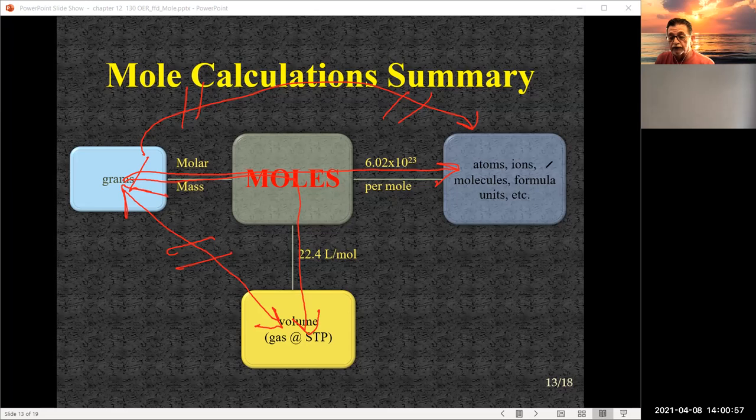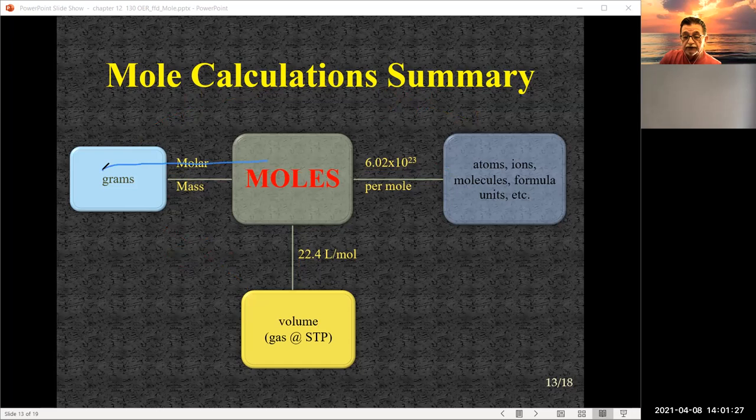So I can start with, let me change the color here. Let's go blue. I can start with atoms and go to volume, but I have to go through moles. Or I can start with volume and go back to atoms. Or, let me clear it because it's getting kind of messy.